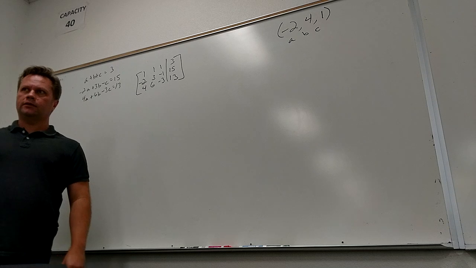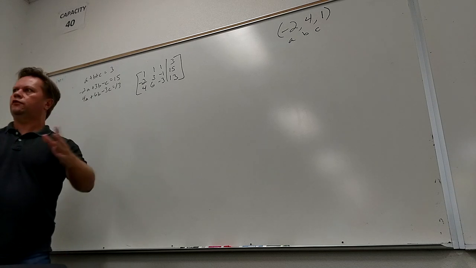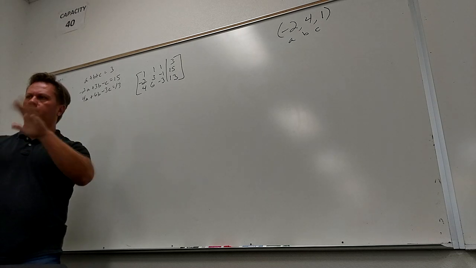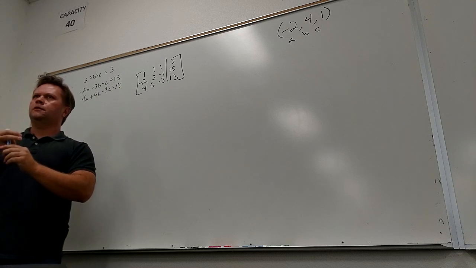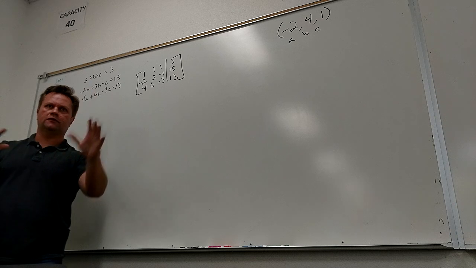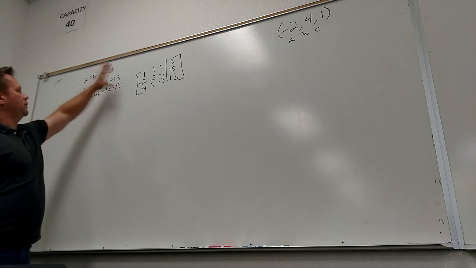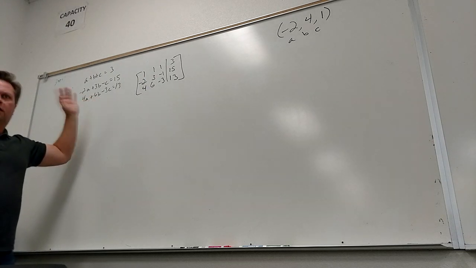The nice thing about this is once you see what you do, you keep doing the same thing over and over again. So once you see it, you got it. Until you see that, you're a little lost and you think every step is different. By hand, without a matrix, you pick a letter, kill it twice.